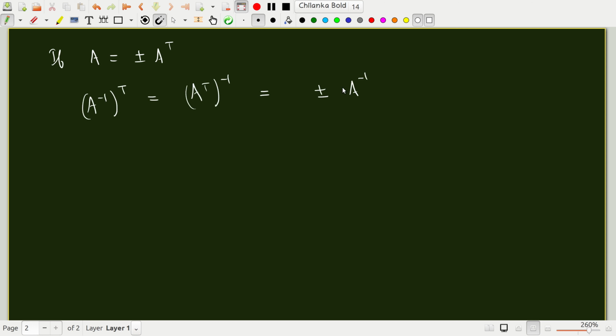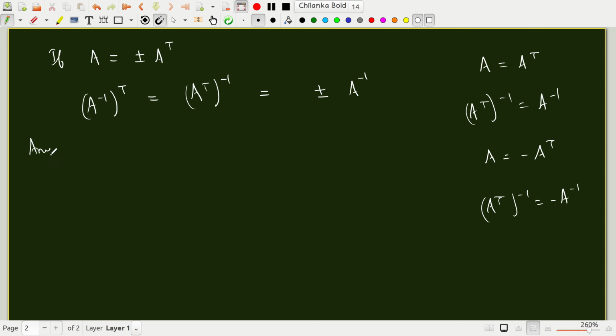So if A is equal to A transpose, then A transpose whole inverse is the same as A inverse. If A is equal to minus A transpose, then A transpose whole inverse is minus A inverse. Okay, just from the definitions of symmetric and skew symmetric.